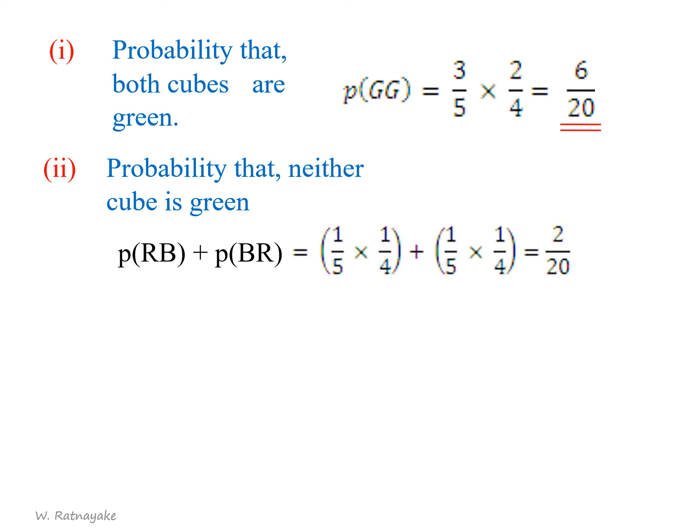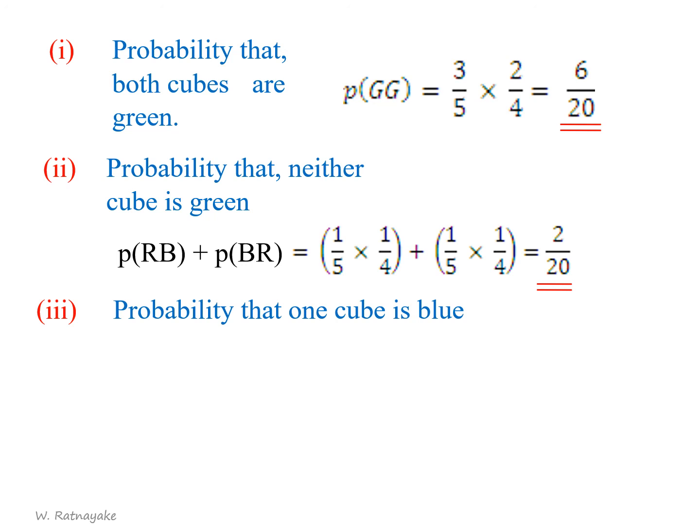Then the third part is the probability that one cube is blue. So we have to select the events in which B is indicated. B is there in 4 events. Those are RB, GB, BR and BG.